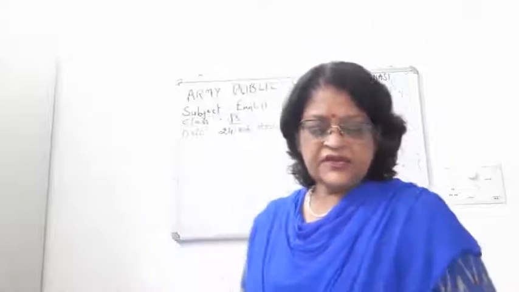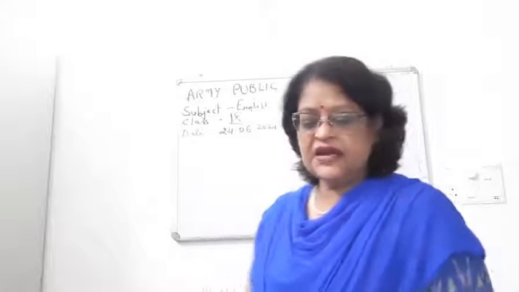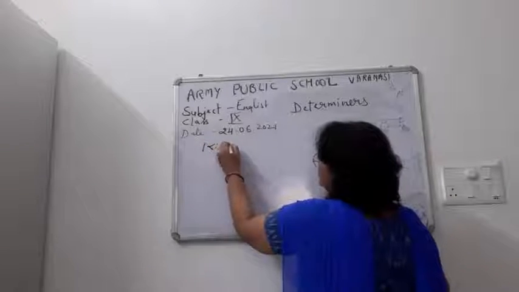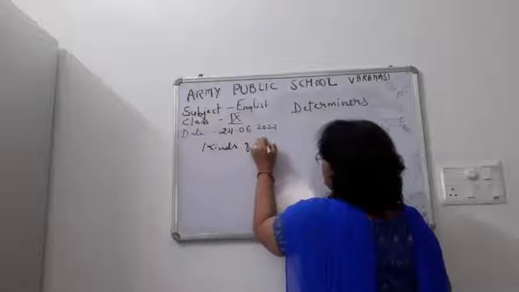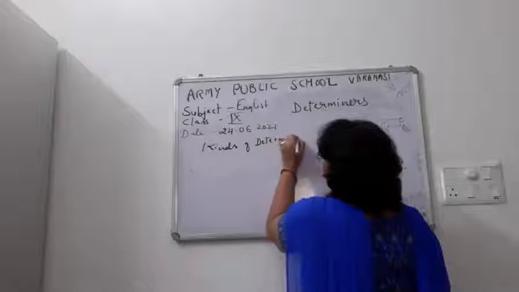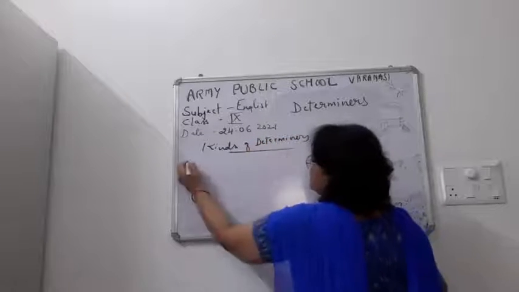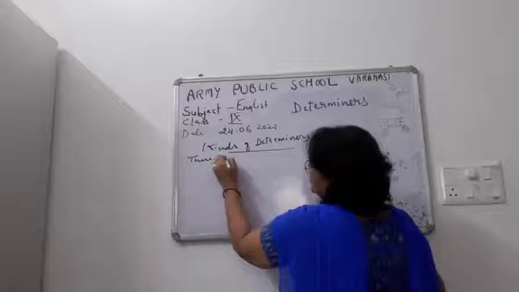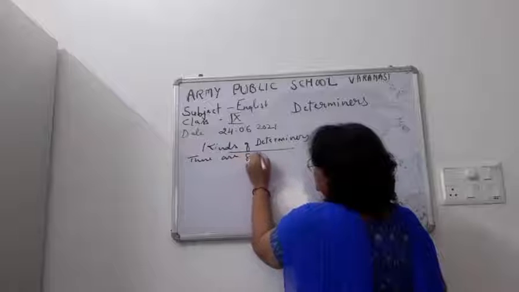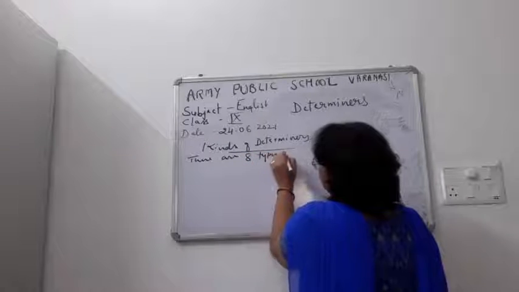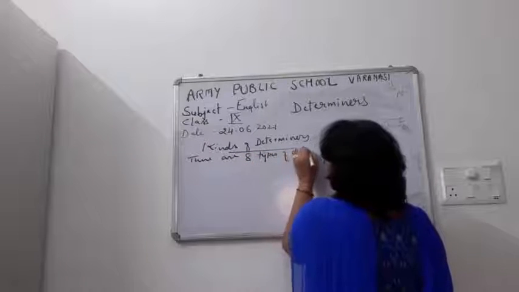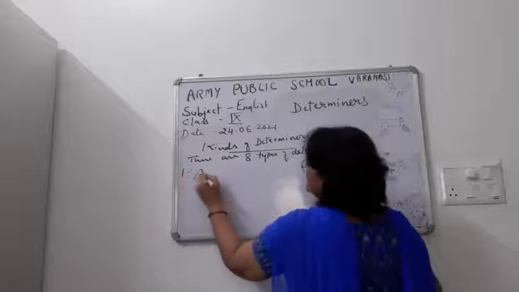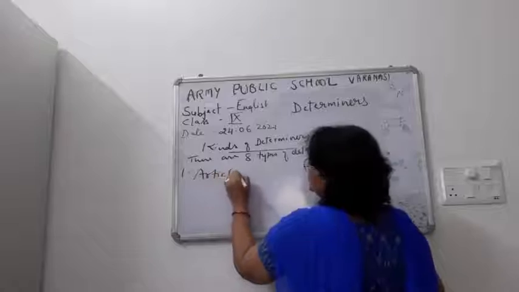So children, there are 8 kinds of determiners. First, articles.